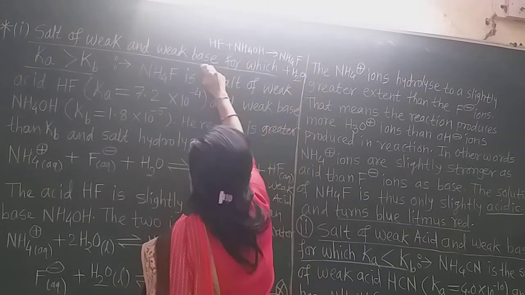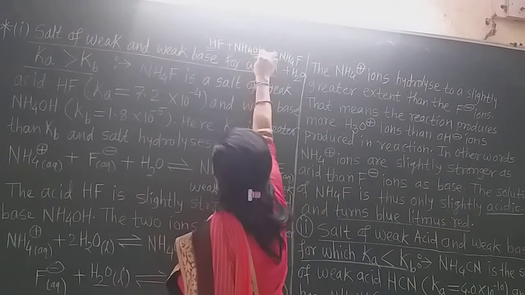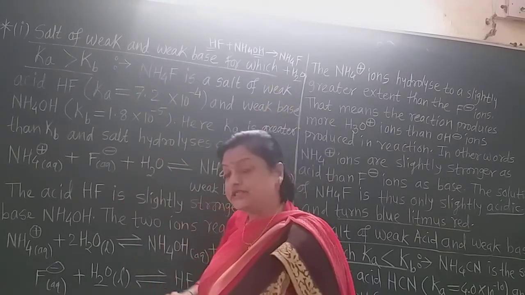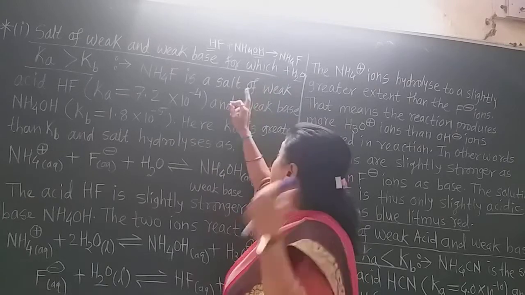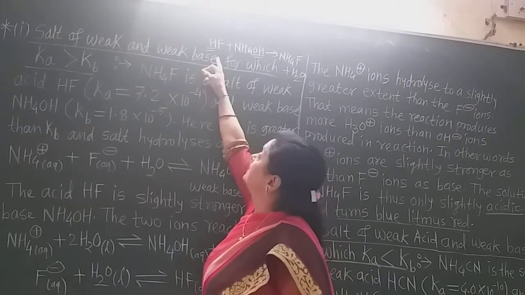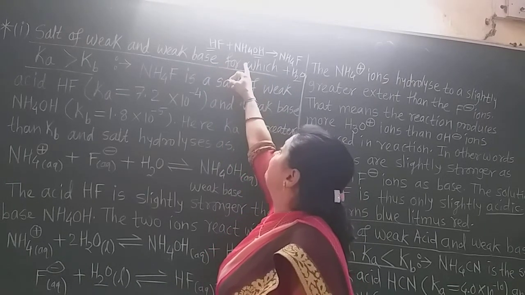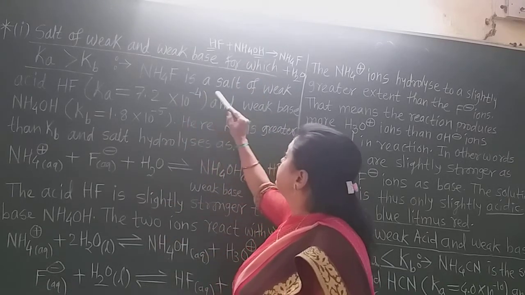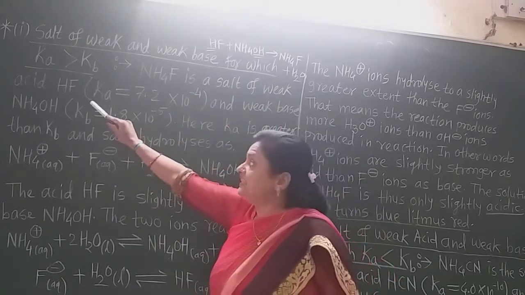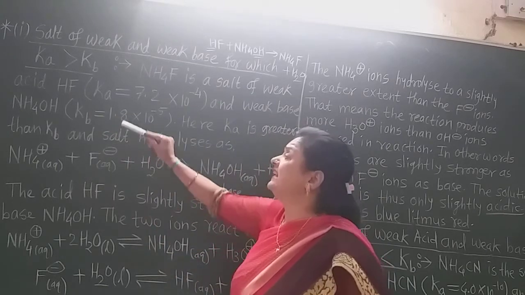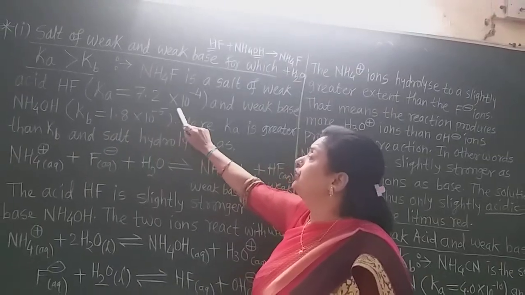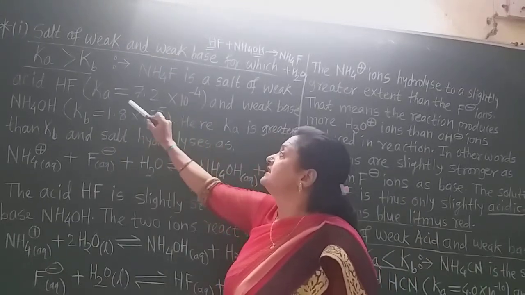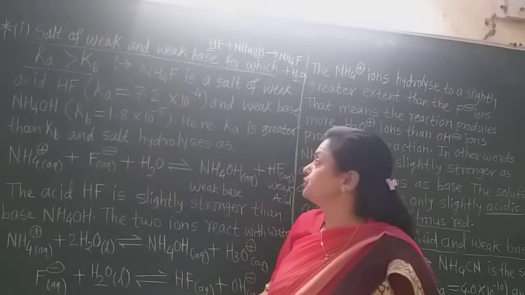How is water formed? The hydrogen of the acid and the OH group of the base form the water. Now this ammonium fluoride is the salt of the weak acid HF and the weak base ammonium hydroxide. So the salt is of the weak acid HF having the Ka value 7.2 into 10 raised to minus 4. The dissociation constant of the acid is 7.2 into 10 raised to minus 4.